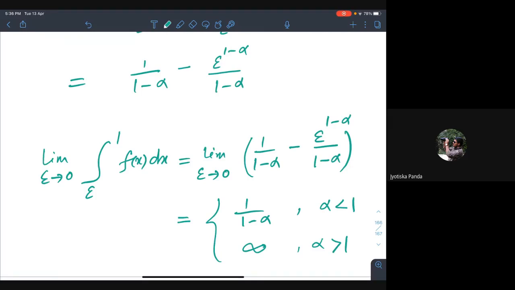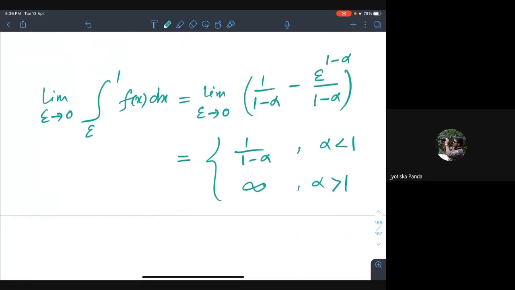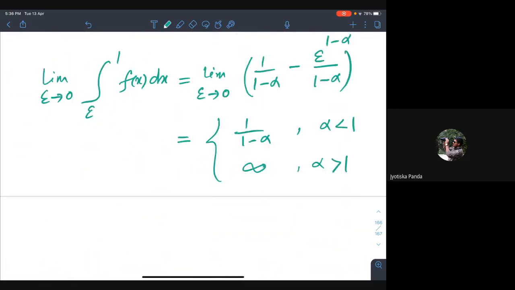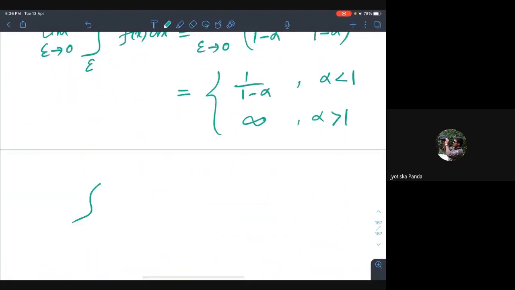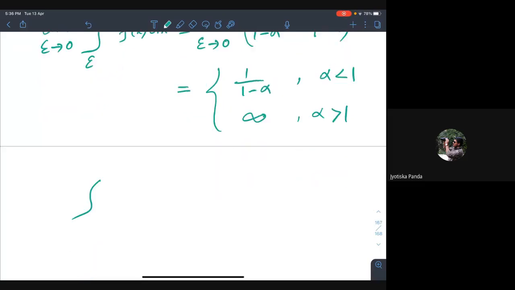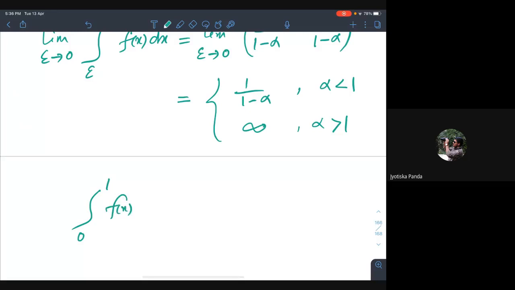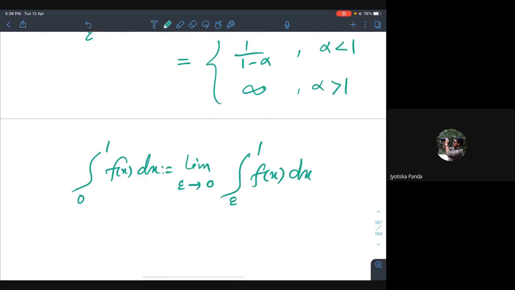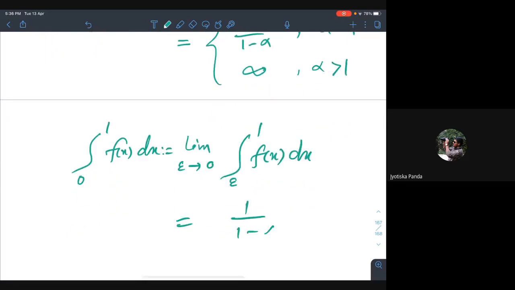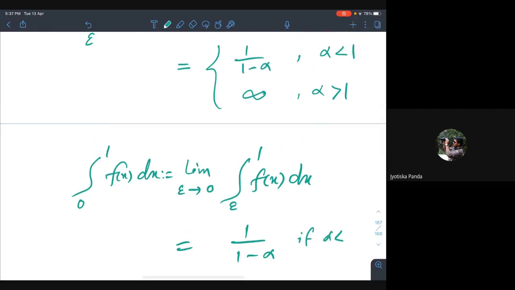Is it fine? For alpha equal to 1, the case we already dealt with. So the integration from 0 to 1 of f(x) dx is by definition the limit as epsilon tends to 0 of the integral from epsilon to 1 of f(x) dx, which is equal to 1 by 1 minus alpha if alpha is less than 1.